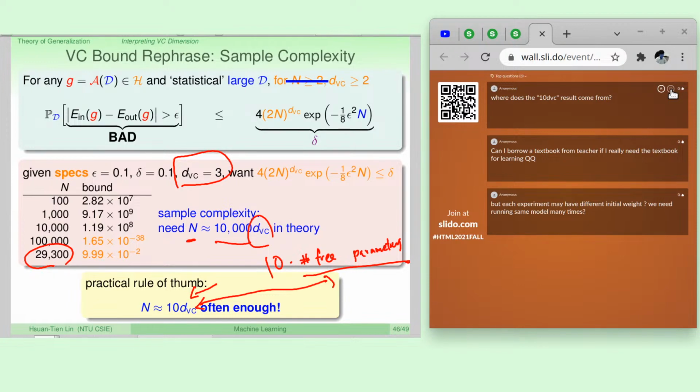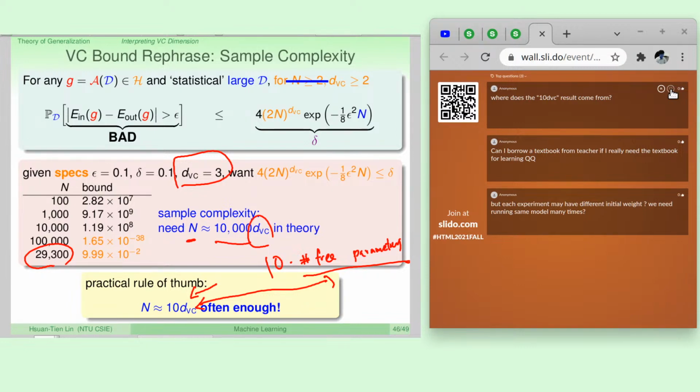In my years of experience in academia and in industry, if I have a learning model with VC dimension equal to 20, I'd at best start preparing 200 examples to get started with. No guarantee. This heuristic is given to you as is, and of course you can gain experience in the future by yourself.